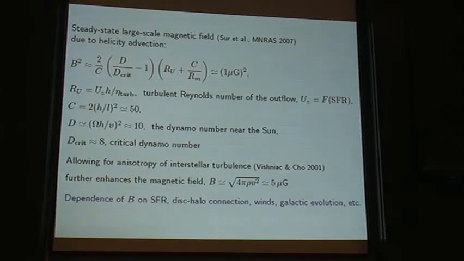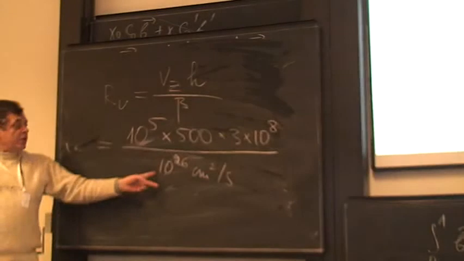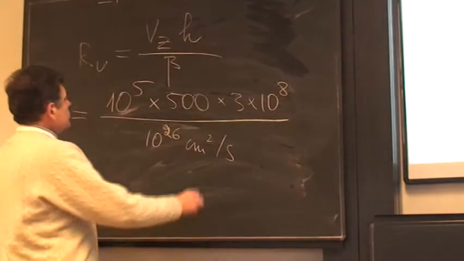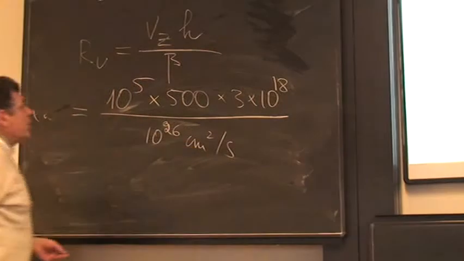Oliver was doing an estimate from his simulation today. It's 10 to the 26 centimeters squared per second. This corresponds to a turbulent velocity of 10 kilometers per second and a turbulent scale of 0.1 kiloparsecs. So what we have here, oh sorry, it's 10 to the 18 centimeters for 1 parsec.